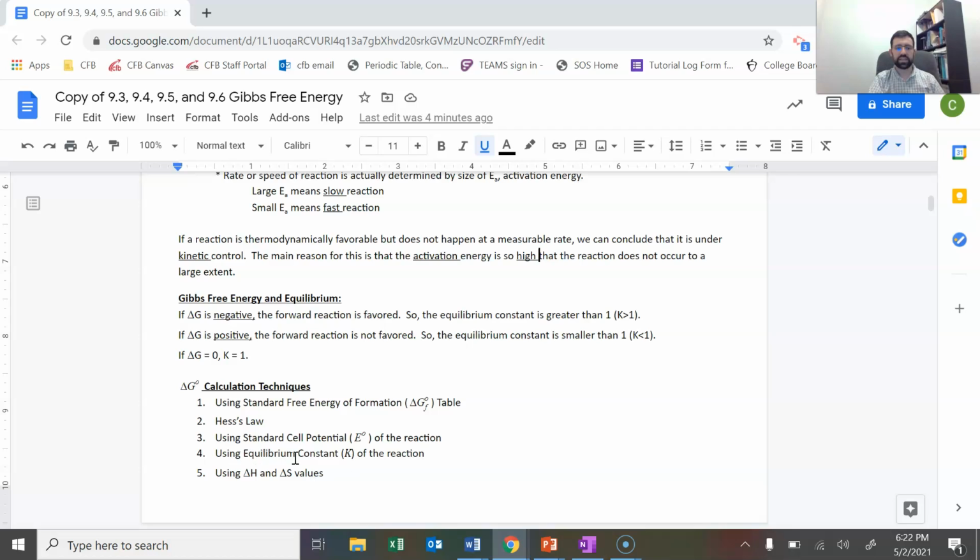And then using the equilibrium constant, K, of the reaction, there's actually a formula for the relationship between the equilibrium constant and Gibbs free energy. And then we can use delta H and delta S values to find our Gibbs free energy as well.